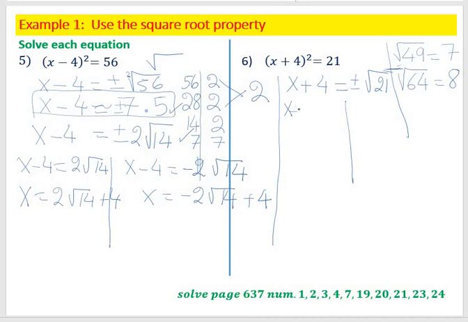We will have x plus 4 equals positive root 21, or x plus 4 equals negative root 21. Then, if I proceed, I will have x equals root 21 minus 4, or x equals negative root 21 minus 4. Okay, I can leave it like this simply, if I don't put a decimal here.